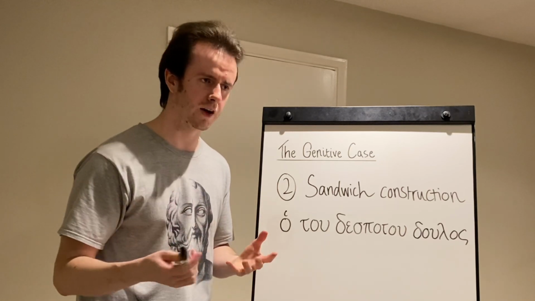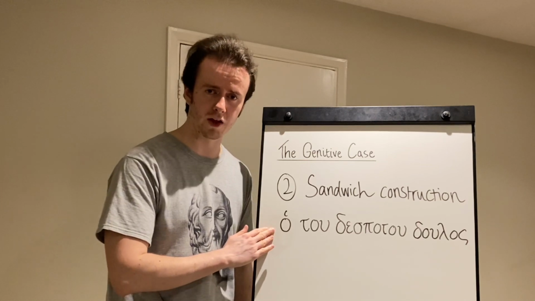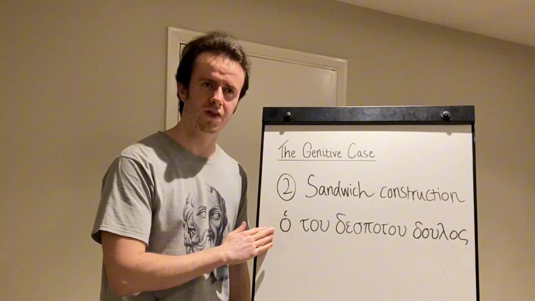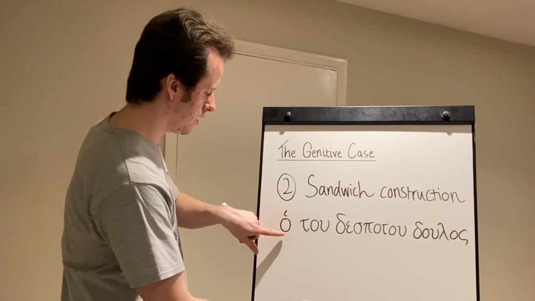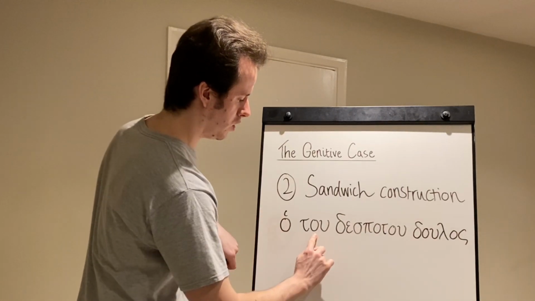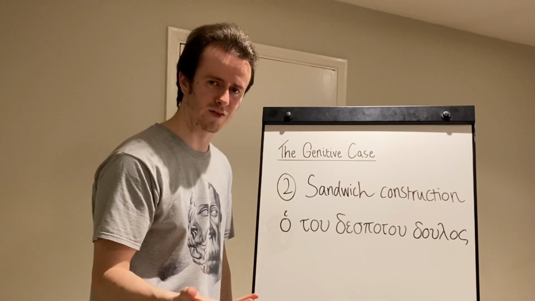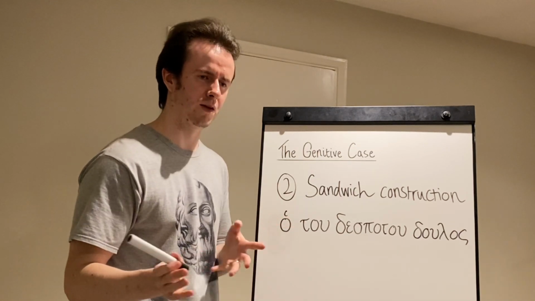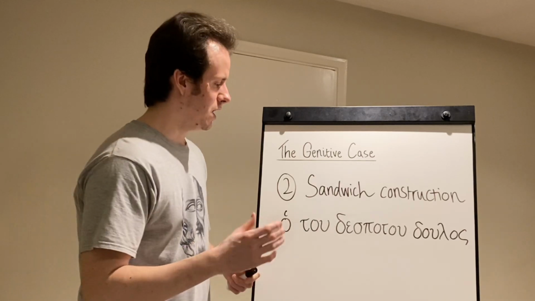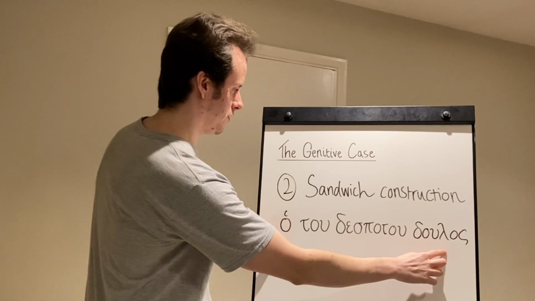And the reason I'm saying that is because I want to emphasize this means exactly the same thing as it did in the plain deployment. So this still means the slave of the master, but it's just deployed in a slightly different way. The genitive, instead of being deployed in the plain manner of simply adding it to the sentence, has instead been sandwiched in between the noun and definite article.